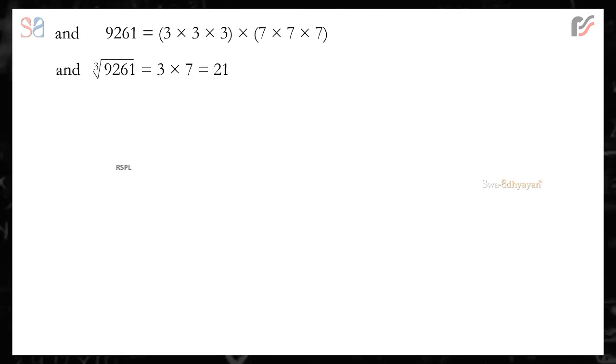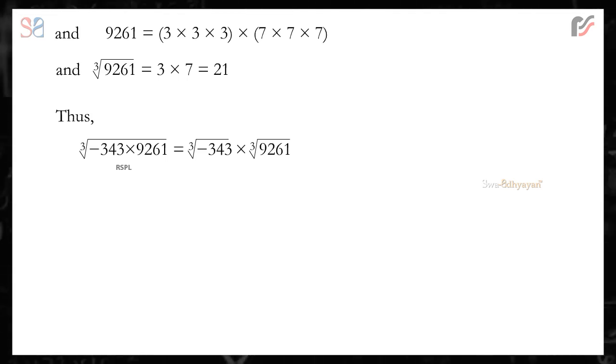And cube root of 9261 is equal to 3 into 7, which is equal to 21. Thus, cube root of minus 343 into 9261 is equal to cube root of minus 343 into cube root of 9261, which is equal to minus 7 into 21, which is equal to minus 147.